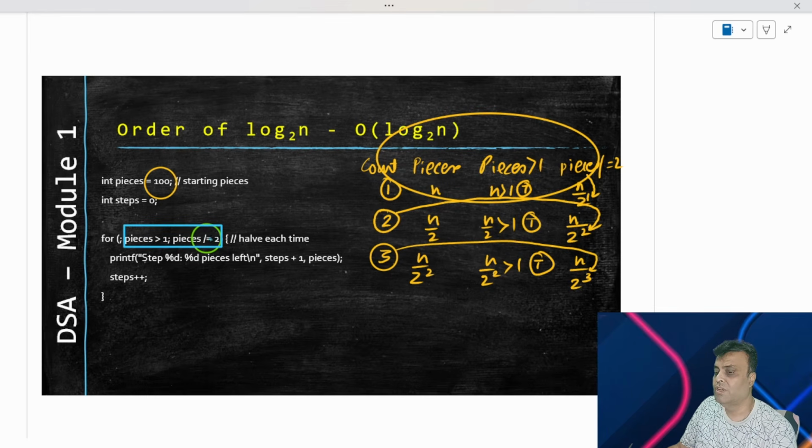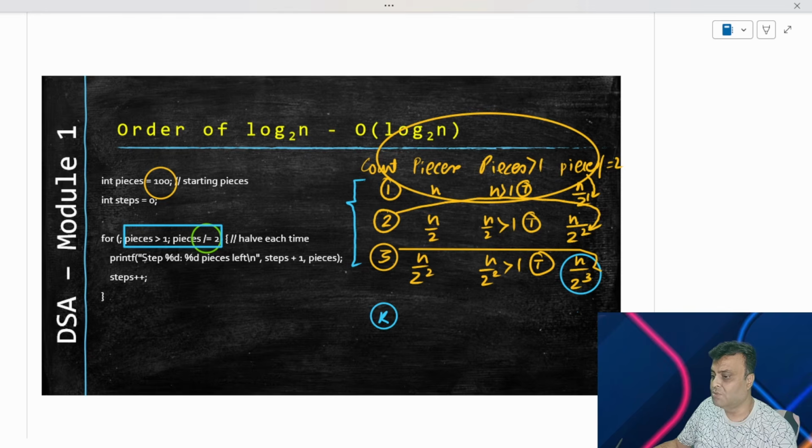I do not know how many times this loop will run, hence I will do this dry run. I have found that the count influences the value of pieces. And if I say that I am at the kth count, then my pieces would have a value of n by 2 to the power of k.